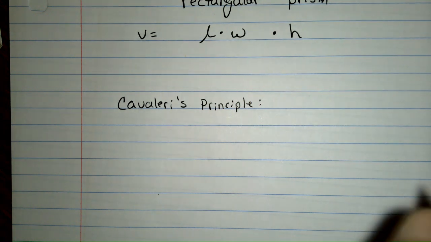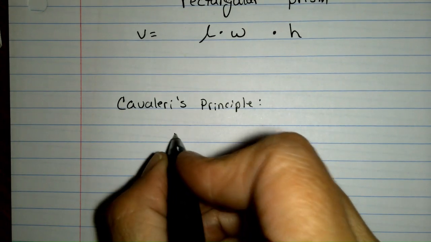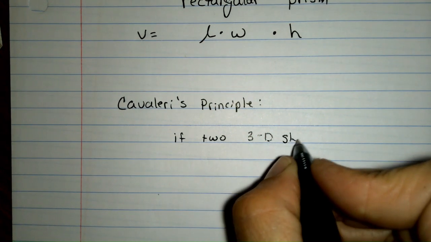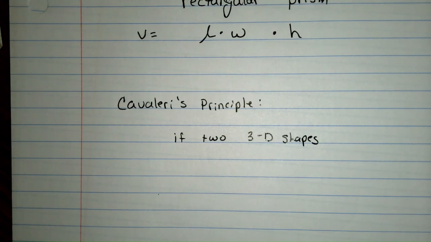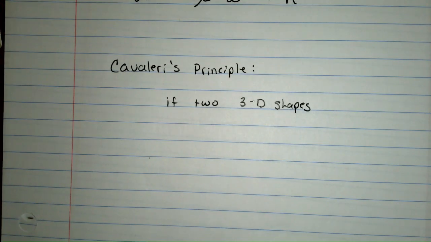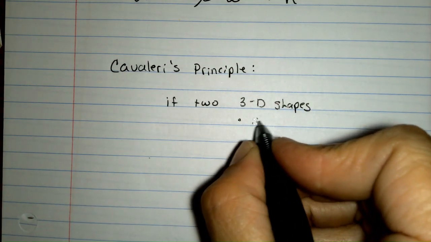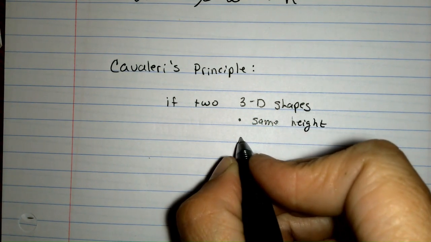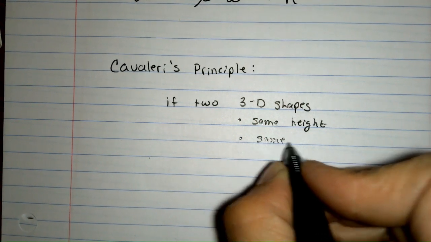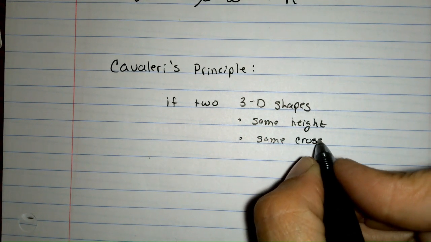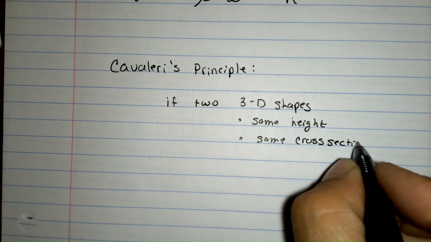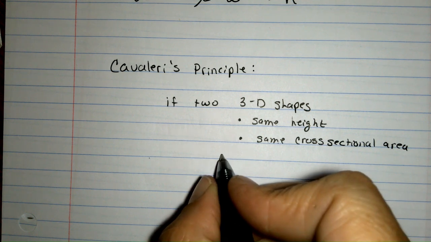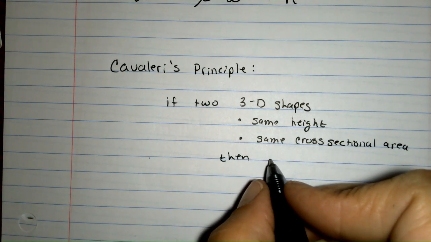He says that if you have two 3D shapes, okay, they have the same height and they have the same cross-sectional area, then they will have the same volume.